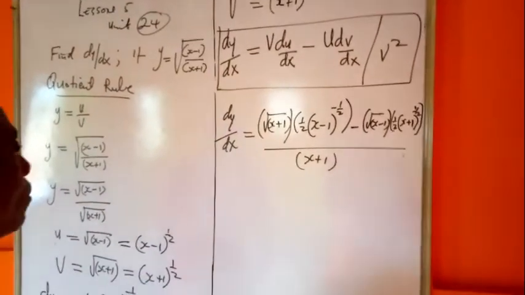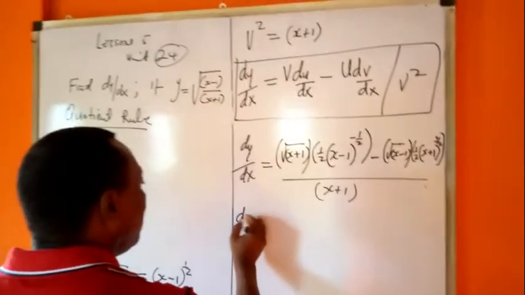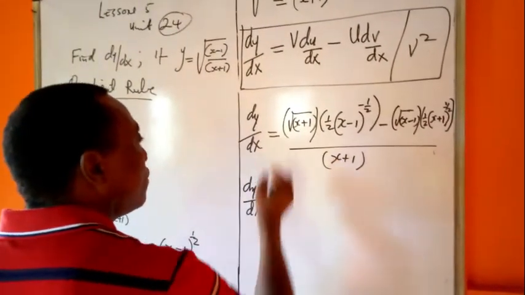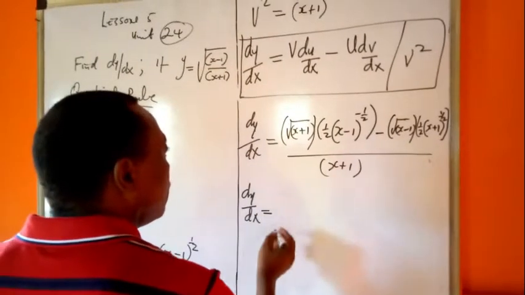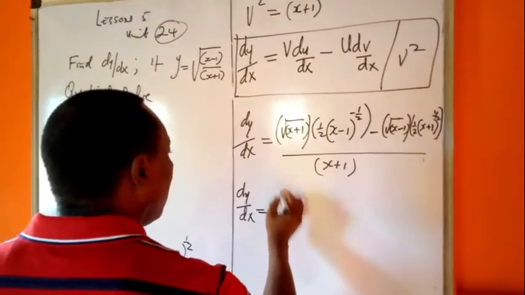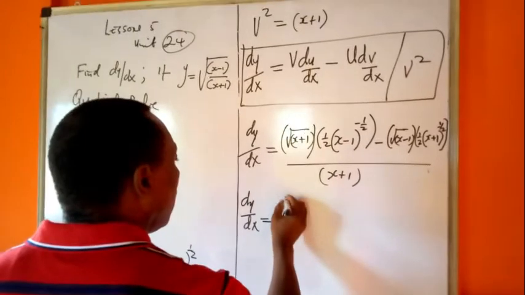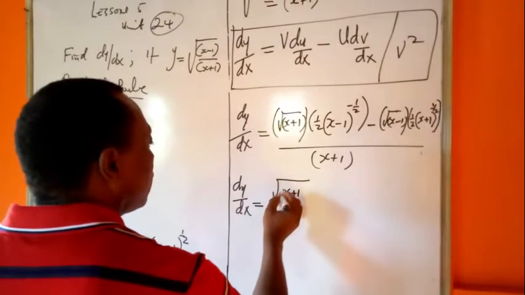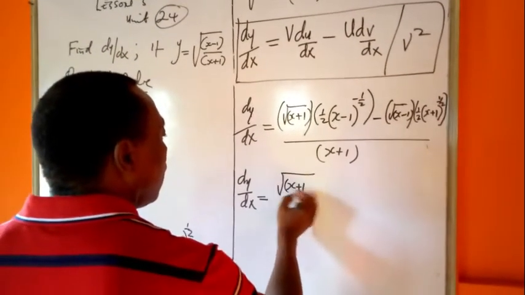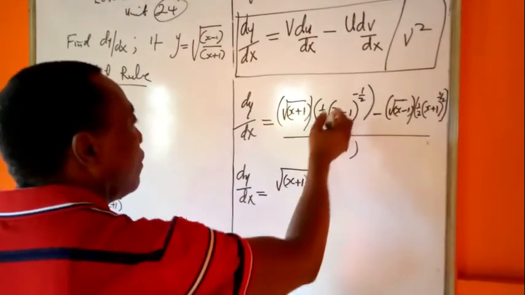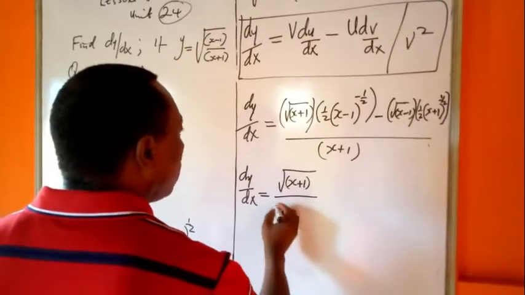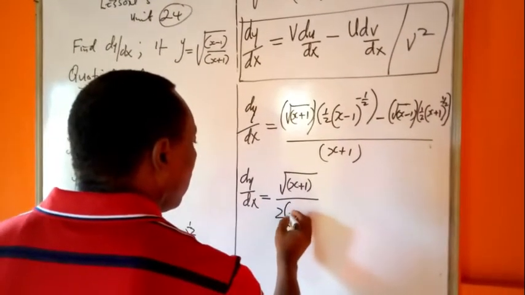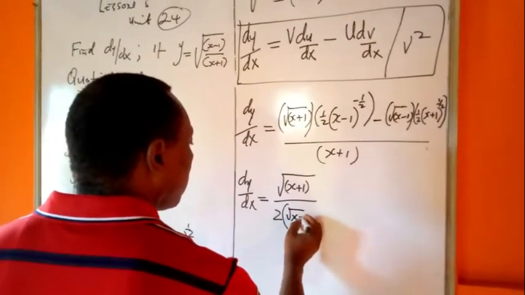So we now have dy dx is equal to the root, the numerator, x plus 1. Now this one is over 2 because it's half. This one will also give you into root x minus 1.